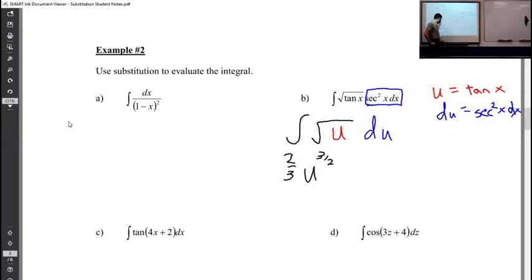And so now, to end this part of the process, we're going to put u back in. We're going to put it back in terms of x to get our final answer. So instead of u, we're going to put it back to tangent of x, plus c.